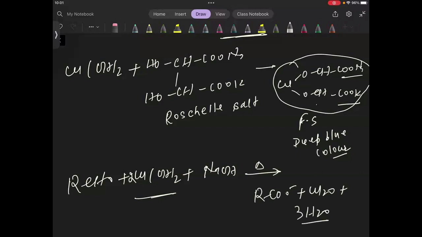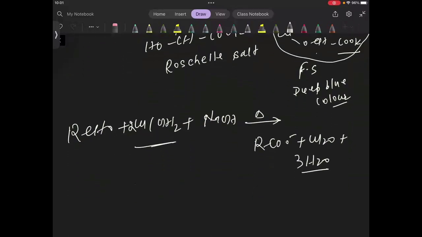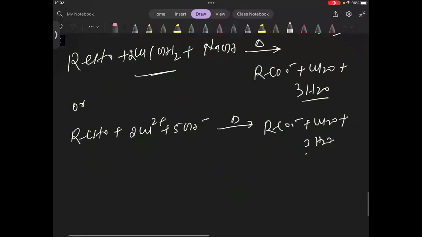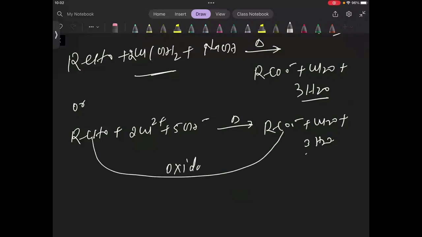Okay. So you can observe here, students, or simply we can write, which is given in the NCERT, RCHO plus 2 moles of Cu2+ plus 5 moles of OH minus, and we supply the heat, then we'll get RCOO minus plus Cu2O plus 3 moles of water. See what is going to happen. Actually, in the whole process, you observe that RCHO is converted to acid, that is, of course, oxidation will happen.